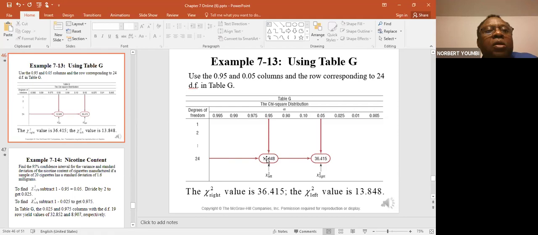One is to the left, we call it chi-square left, and the other one to the right, we call it chi-square right. Once you have these two values, you can compute the confidence interval for the variance. And once you have the confidence interval for the variance, take the square root of both numbers to get the confidence interval for the standard deviation.